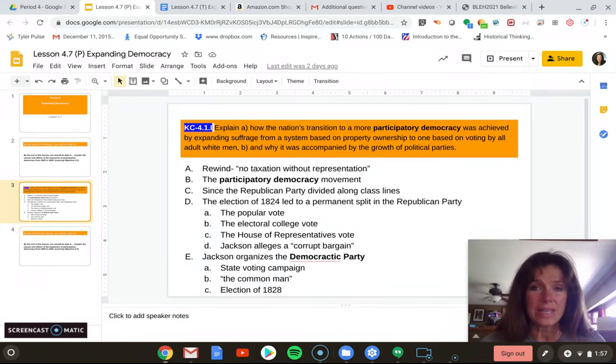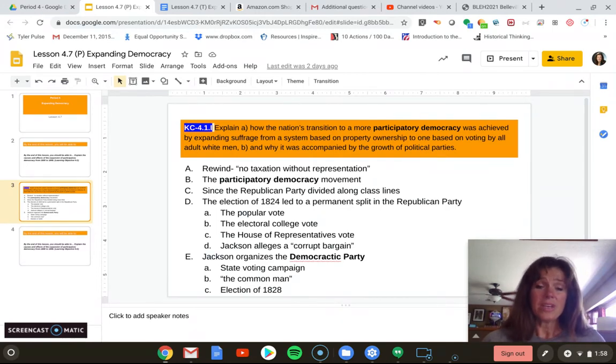The upper class elite opposed it, fearing that if working class people voted, it would lead to corruption, anarchy, violence. So what begins to happen is the election of 1824 leads to a permanent split in the Republican Party. So one party splits based on economic lines.